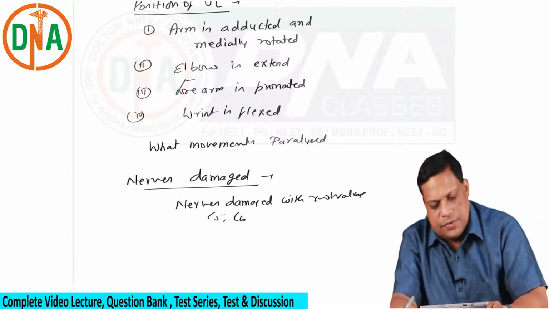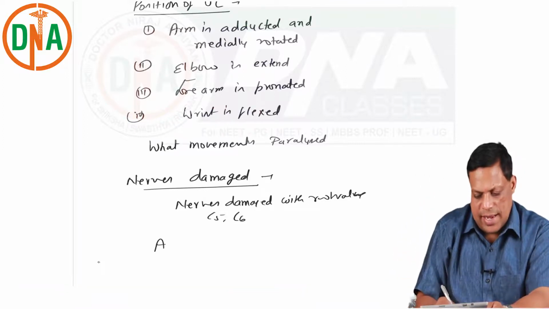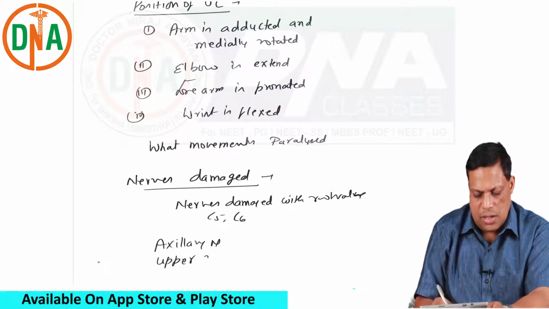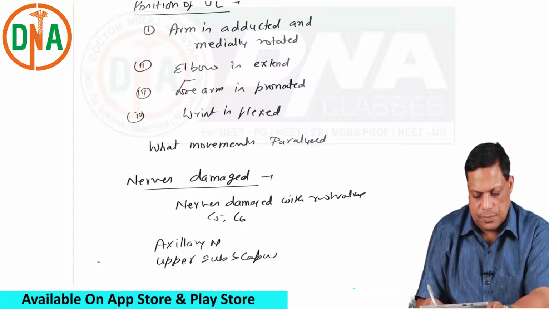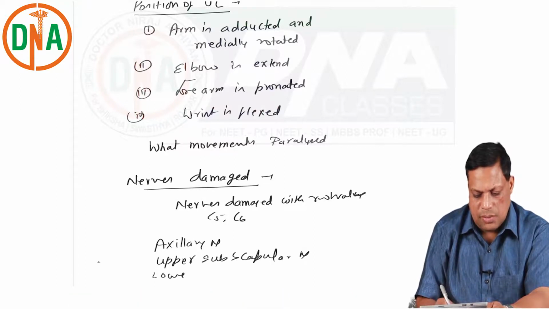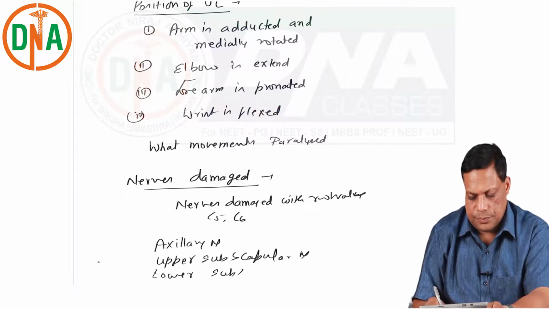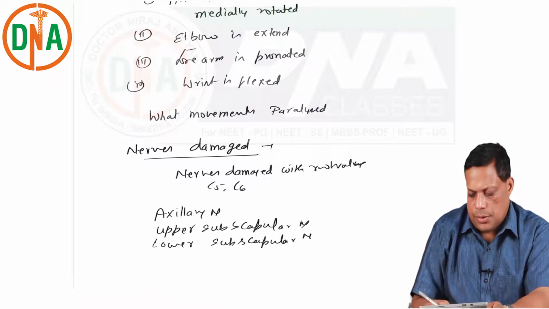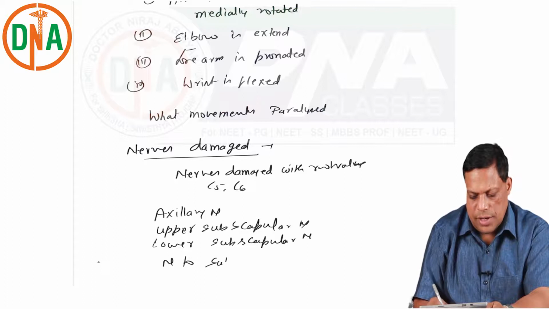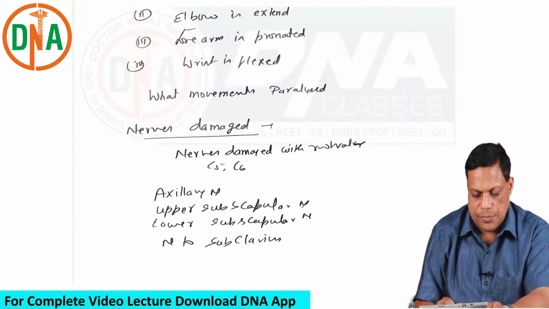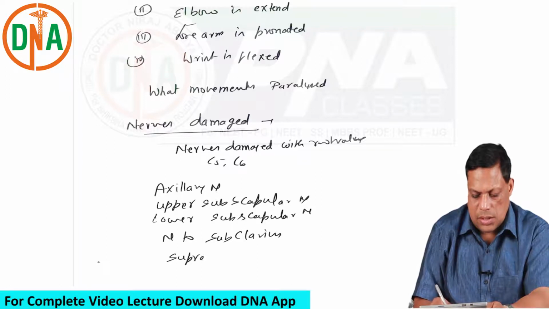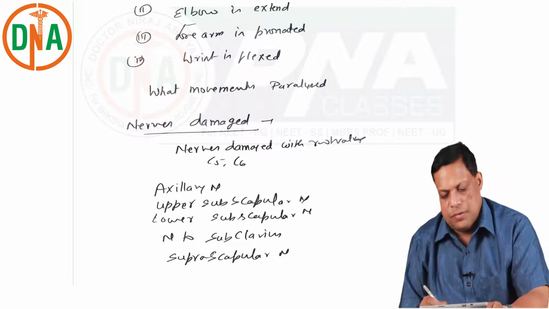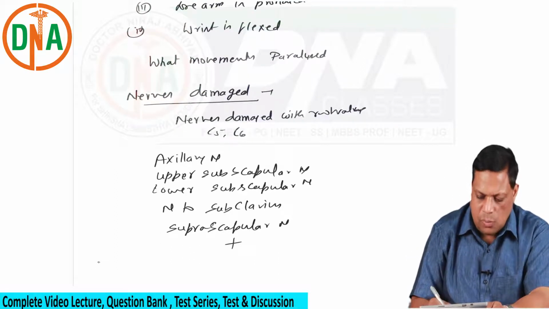The nerves which have the root value C5, C6, they are damaged, like axillary nerve, upper subscapular nerve, lower subscapular nerve, nerve to subclavius, suprascapular nerve.